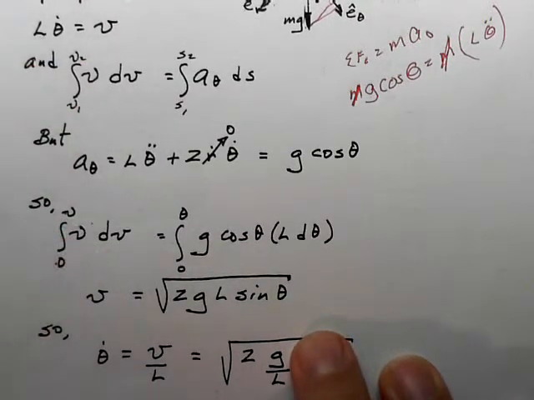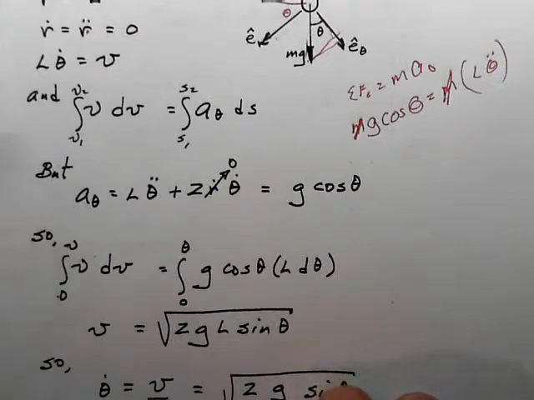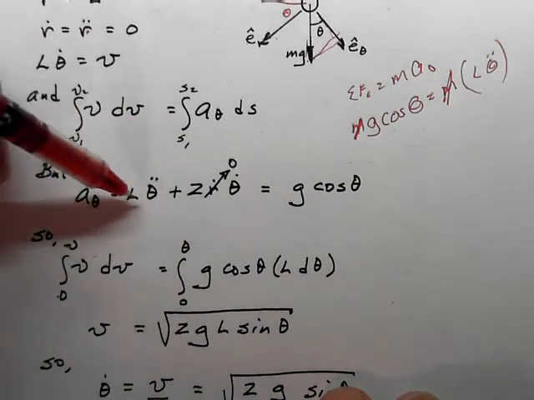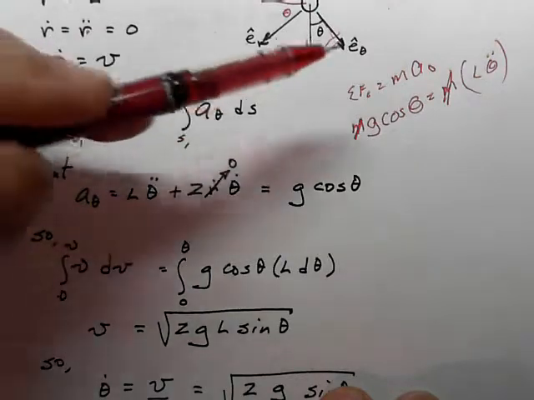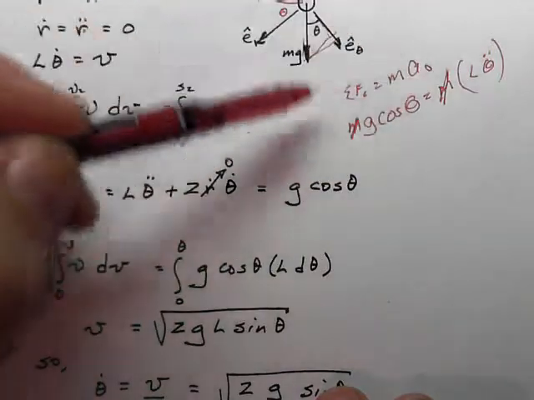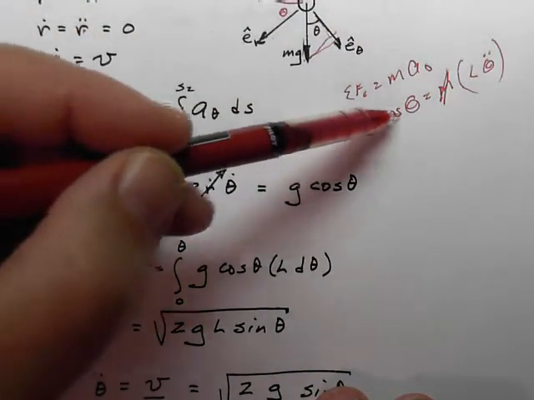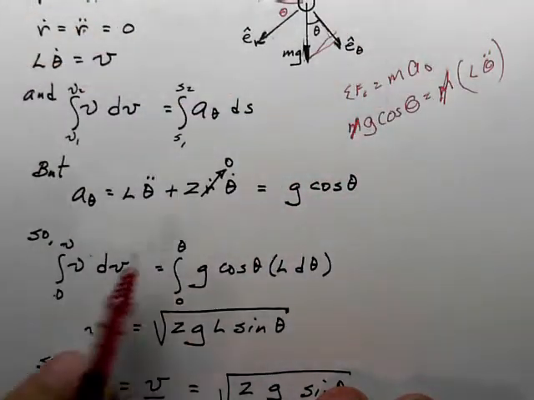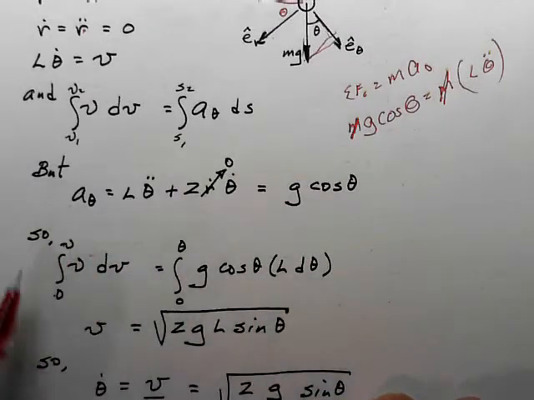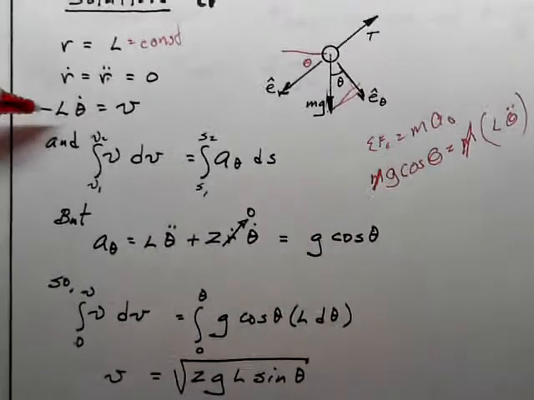I hope I scrolled down, but again, just to summarize, a theta is from the equation sheet L theta double dot, but from sum of forces equal mass times acceleration, the a theta is g cosine of theta when I've canceled the m's. That's the substitution I make. Integrate, get velocity, but back up here we said velocity is equal to L theta dot.